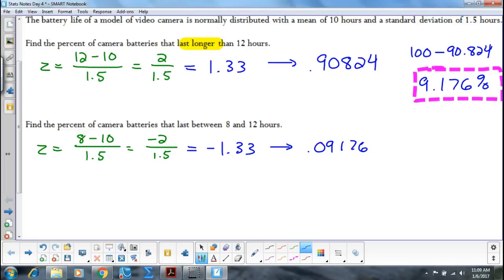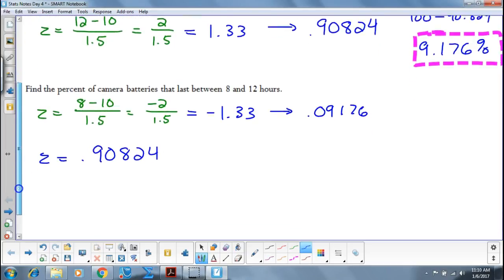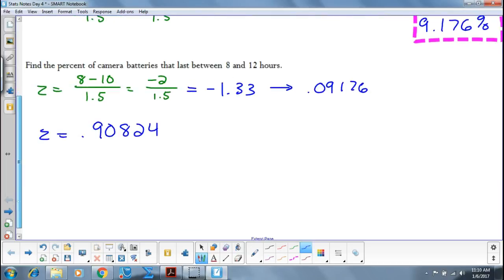Okay. The 12-hour one, we said already, that was the one that we did in that first problem up there. So the z for 12 then was 0.90824, right? I want between those two numbers, so what am I going to do with those? Subtract them.